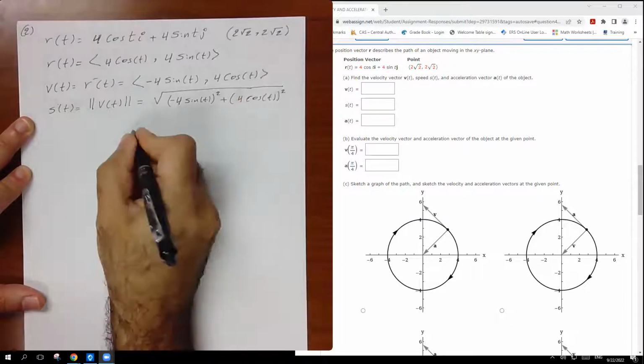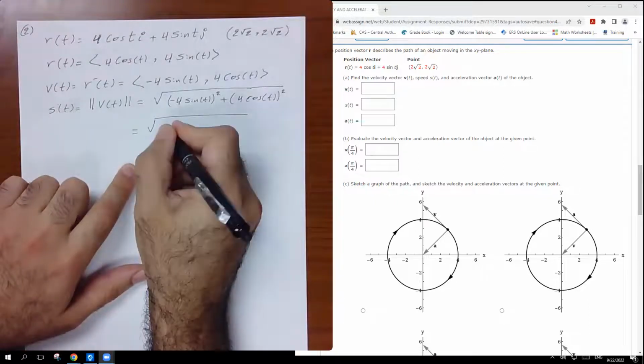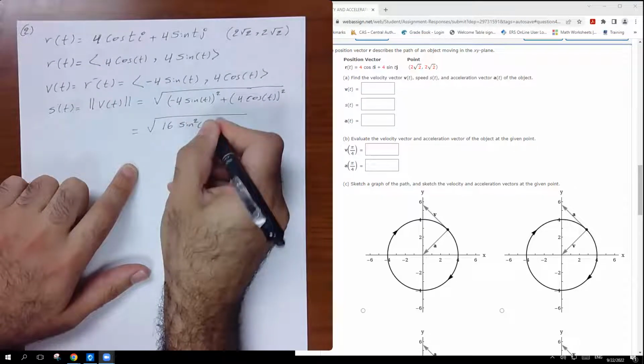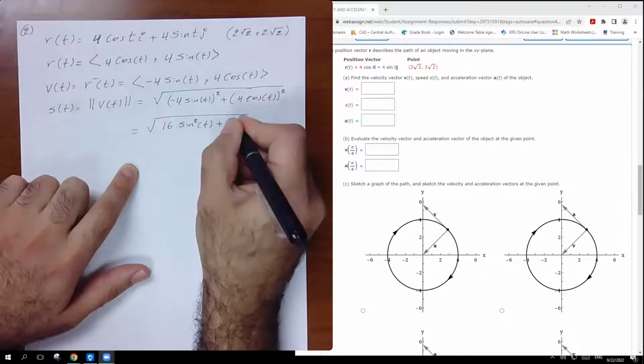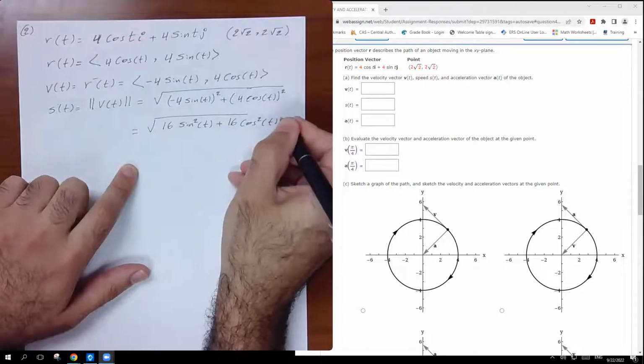So this one is going to be equal to the square root of 16 sine squared t plus 16 cosine squared t.